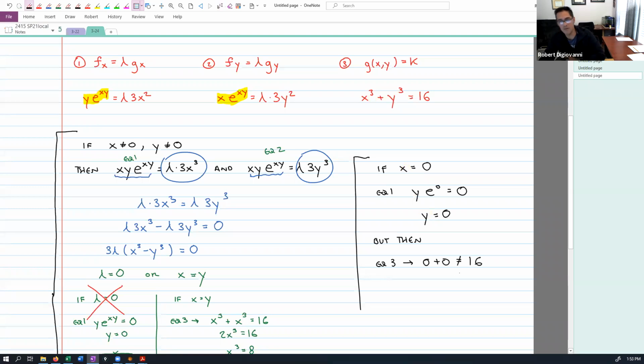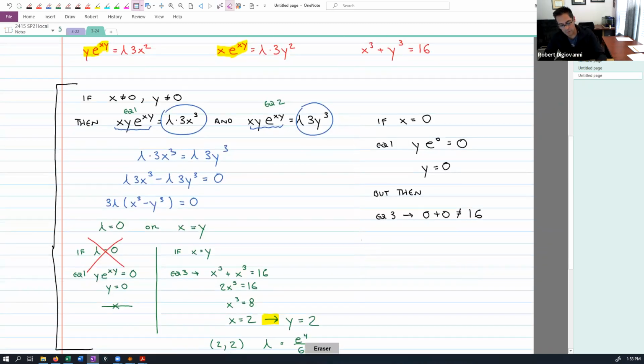Which isn't true. That means I can't let x be 0. If x is 0, it forces y to be 0, and once you have that, equation 3 will never be upheld. So that can't work. One more thing to think about. What if y is 0?